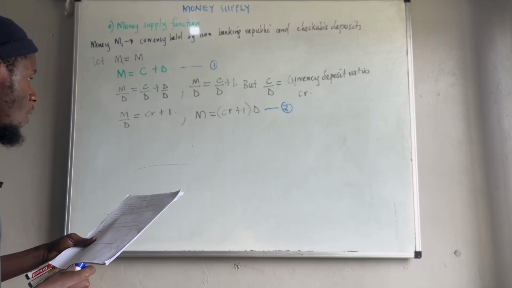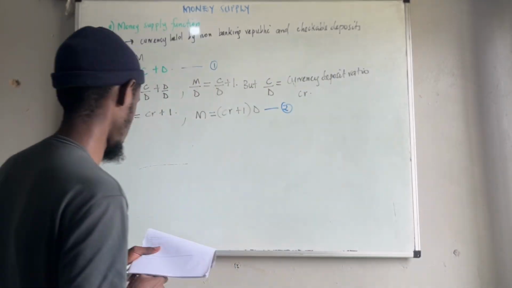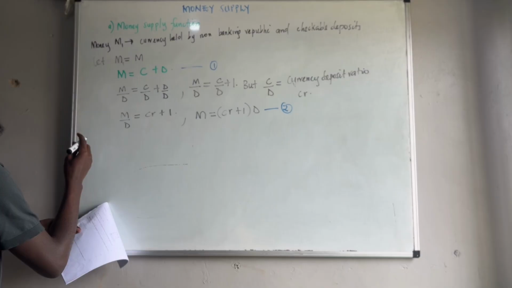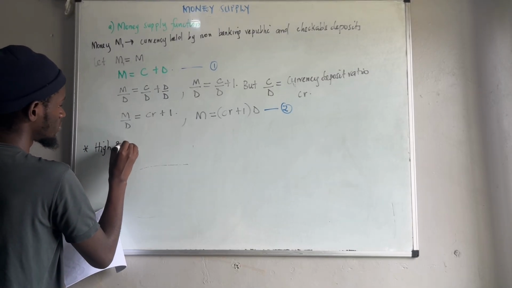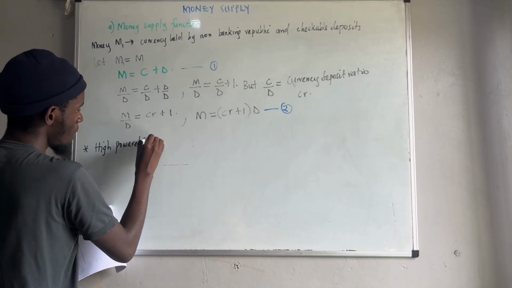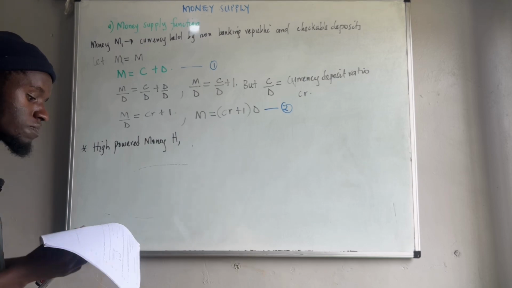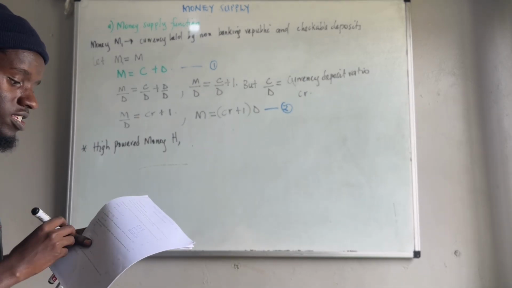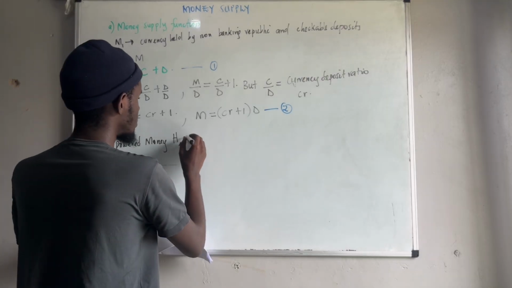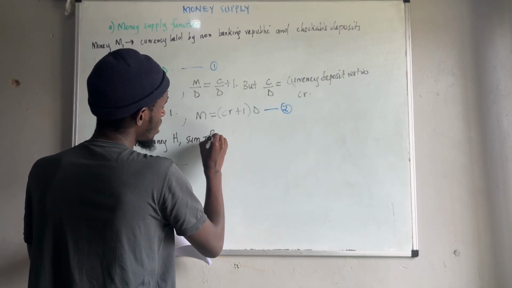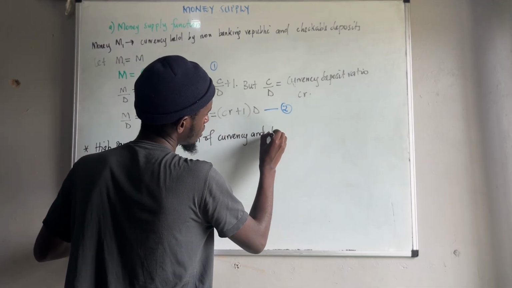Now from there, we're going to look at another term called high-powered money, which we call H. High-powered money is defined as the sum of currency and total bank reserves.